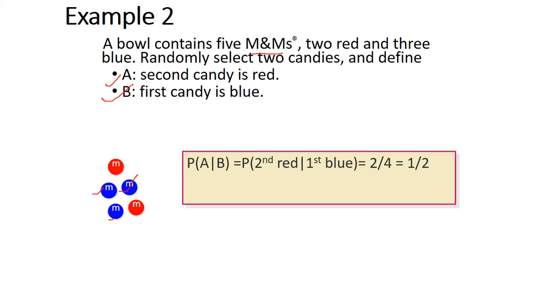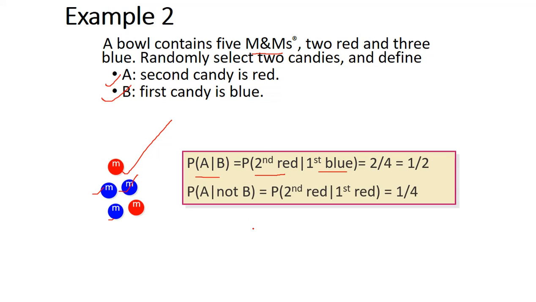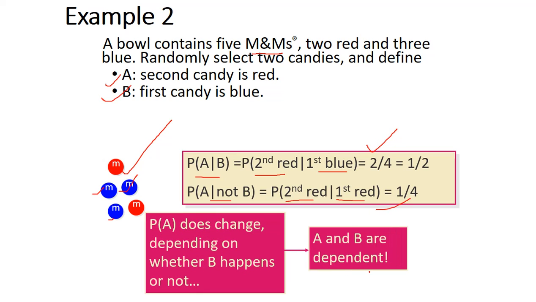Probability of A given B, the probability that the second ball is red given the first is blue, is 2 by 4, because total reds are 2 out of 4 remaining. Probability of A given not B, second red and first red, is 1 by 4. Here the events are dependent.